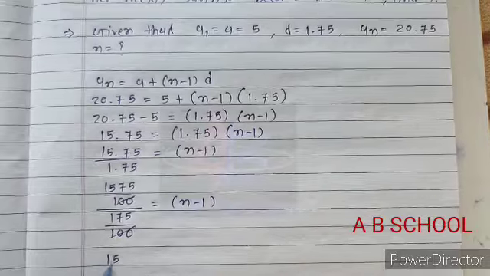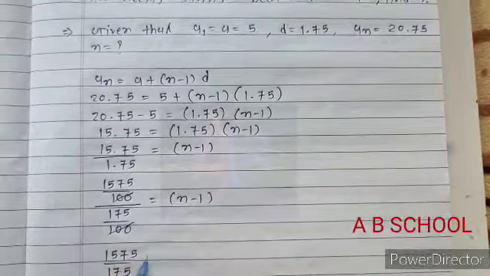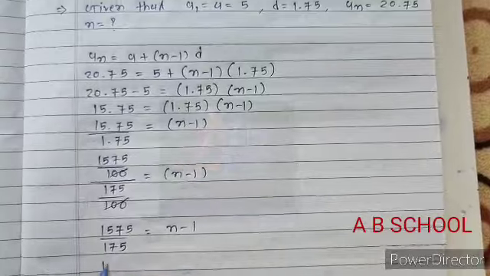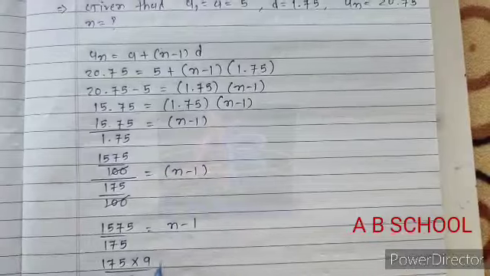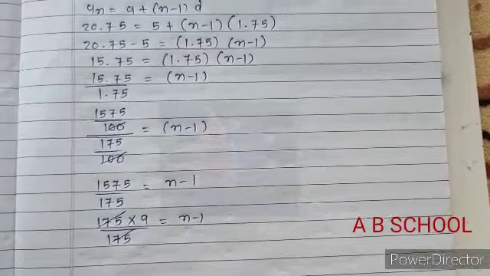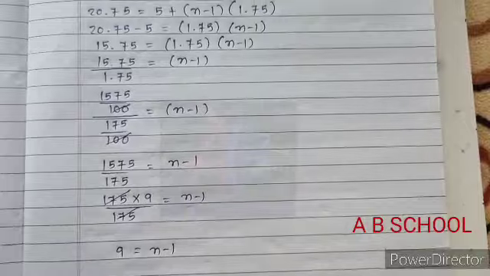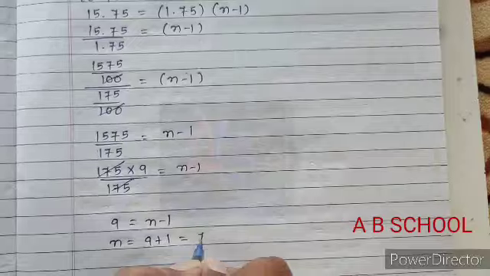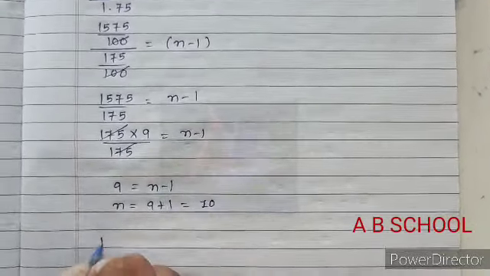So 1575 divided by 175 is equal to n minus 1. So 175 into 9 upon 175 is equal to n minus 1. So 175 cancels out. So 9 is equal to n minus 1, and the value of n is equal to 9 plus 1, which is 10. Okay, so the value of n is equal to 10.